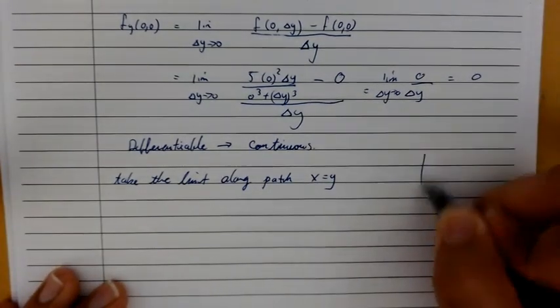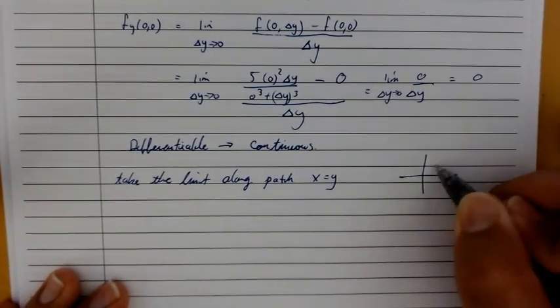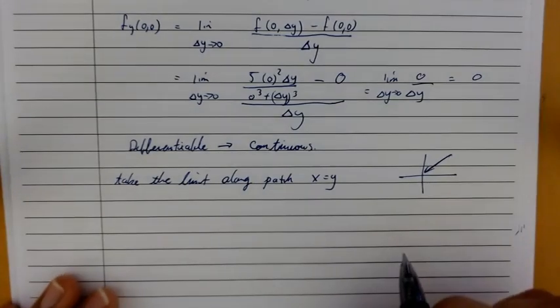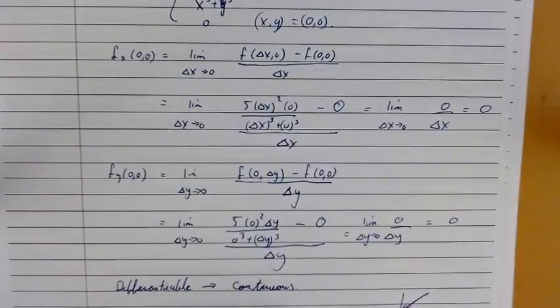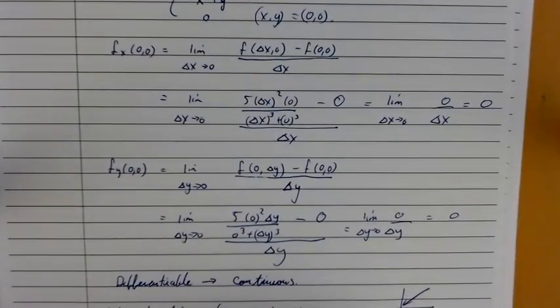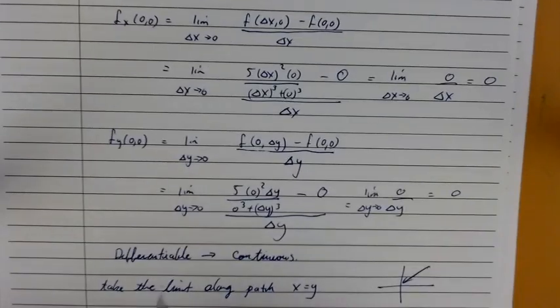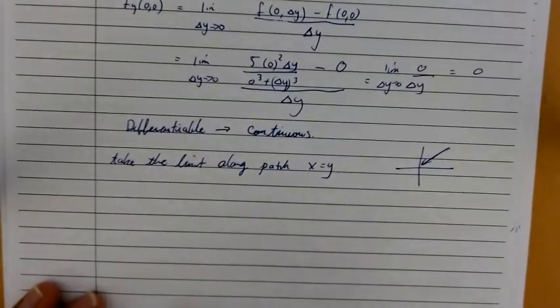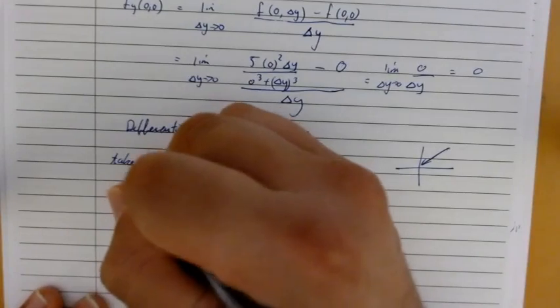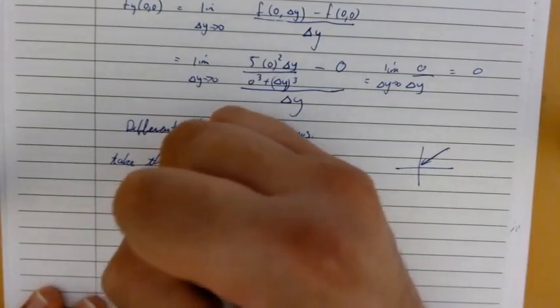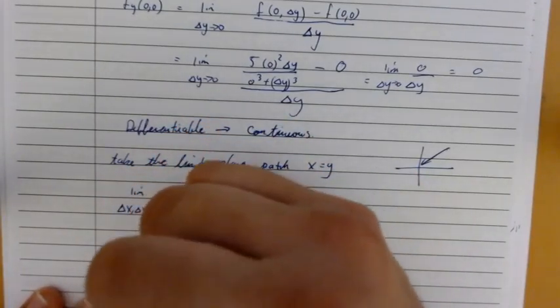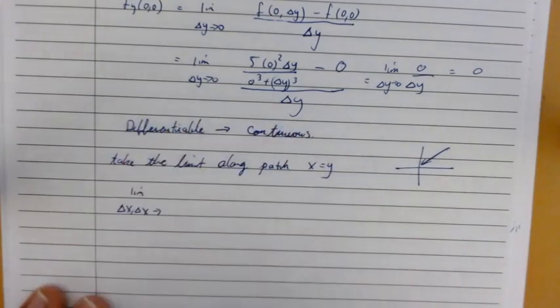So you're trying to approach the origin, and you're coming in from x equals y, like that. If x equals y, then when I'm taking my limit, if I say x comma y approaches 0, 0, I can just replace that x with a y or that y with an x. So here I'm going to take the limit as x comma x approaches 0, 0.